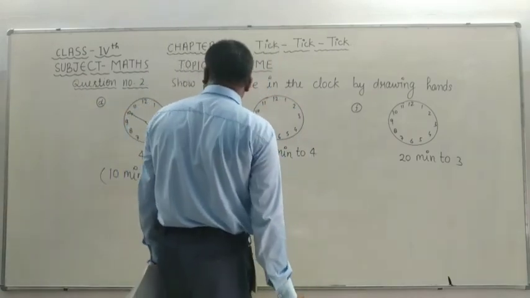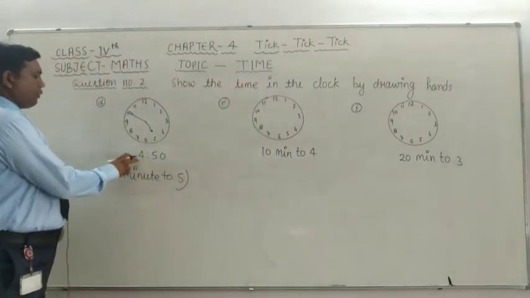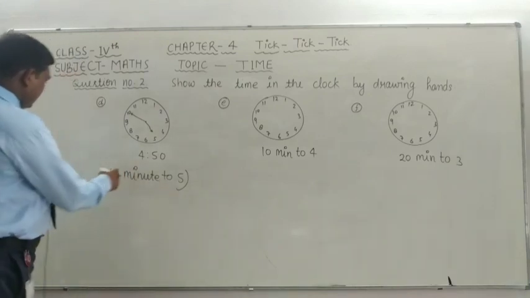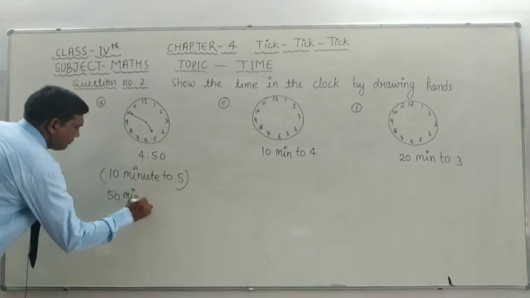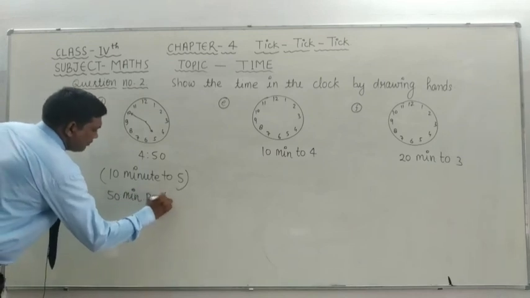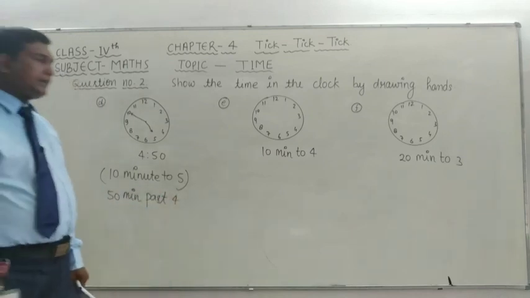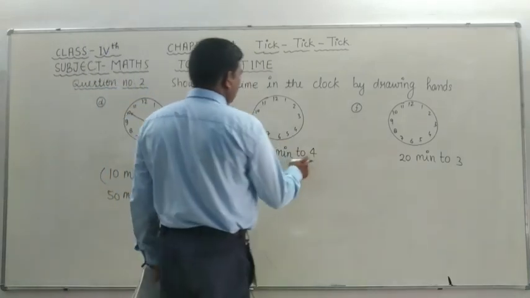4:50 means 50 minutes past 4. Okay, and this is also 10 minutes to 5.